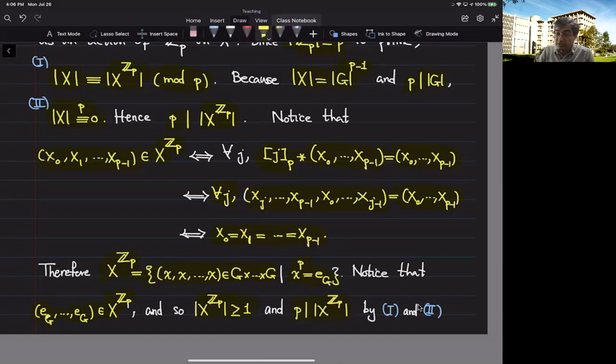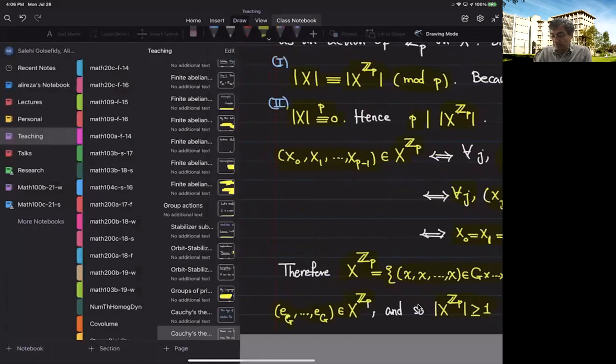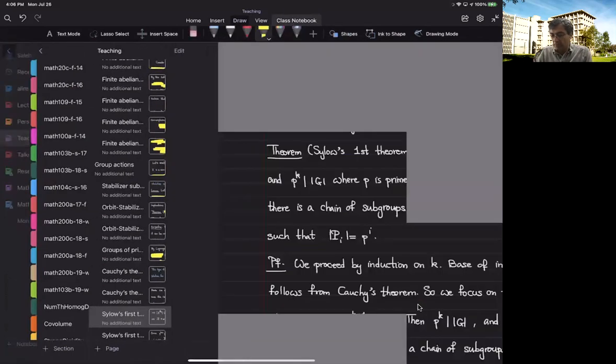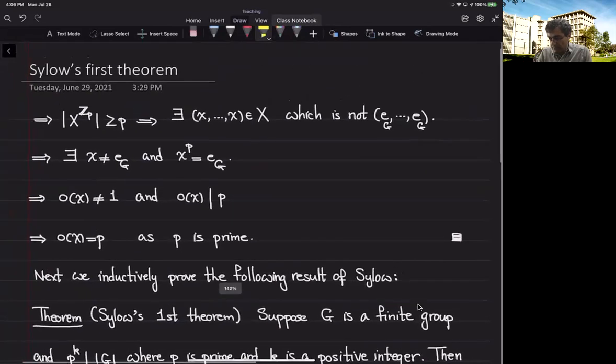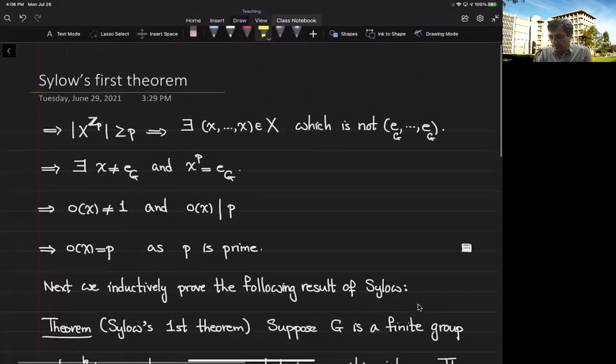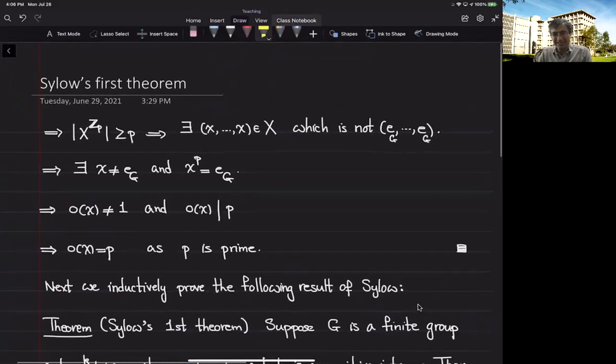So it should have at least p elements. A positive integer that's a multiple of p is at least p. So that means we have at least p fixed points of Z sub p.